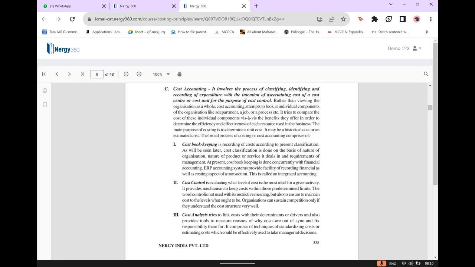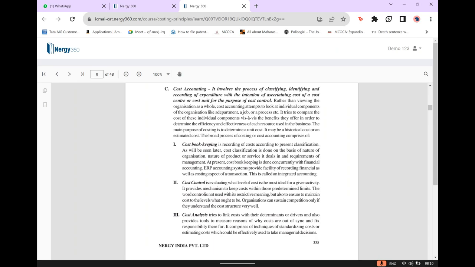Cost bookkeeping is a very narrow term compared to cost accounting. Cost control, I told you, is the purpose of cost accounting. So you have to control the cost. You have the budgeted cost, you compare the budgeted cost with the actual cost and see what the variance is. We have solved a problem wherein we have calculated the variance.